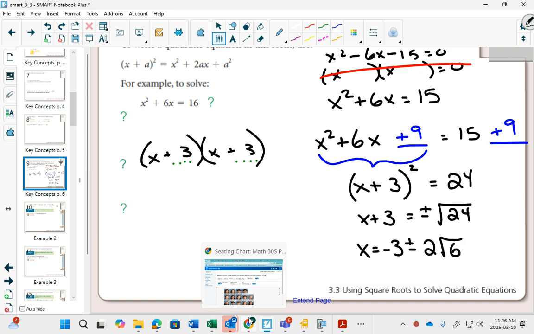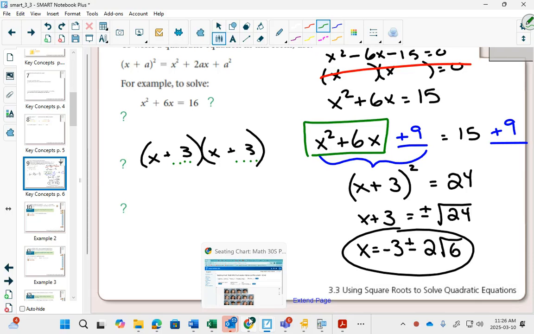And the square root of 24 can be reduced, so we do reduce it. x equals negative 3 plus or minus 2 root 6. So we have to use the x's as the hint to come up with what is going to be squared.